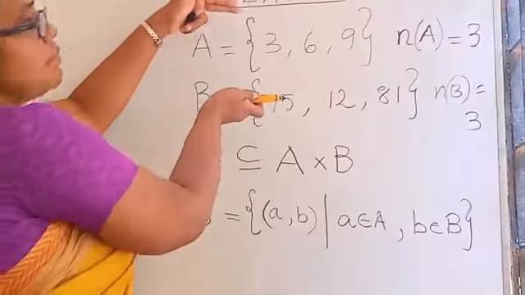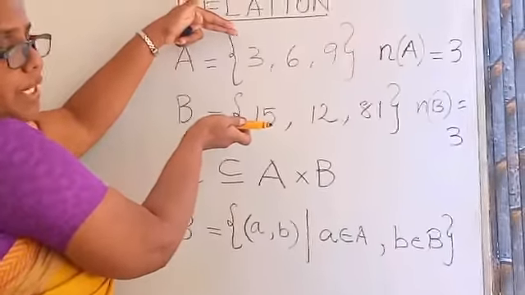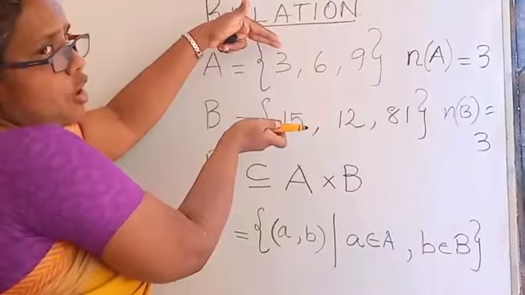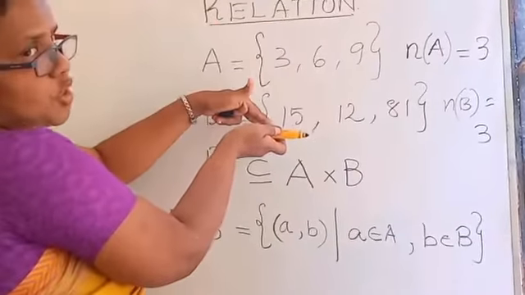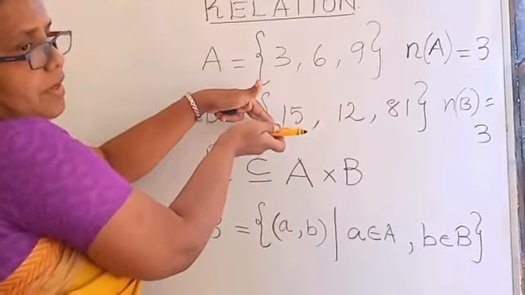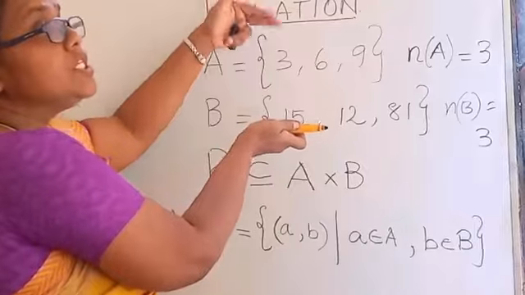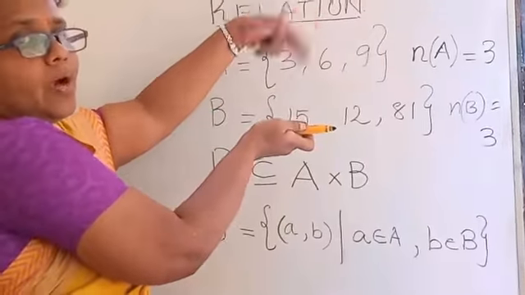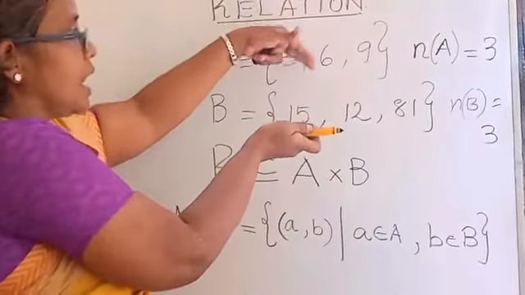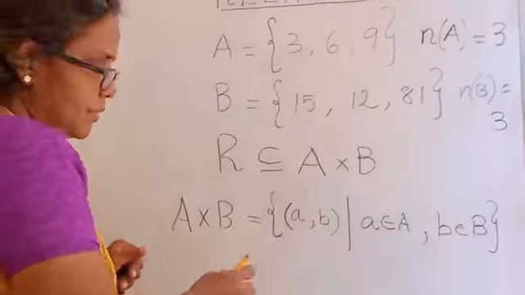Now, I am showing a relationship between the elements of set A and elements of set B. What can be the cardinal number of A cross B?